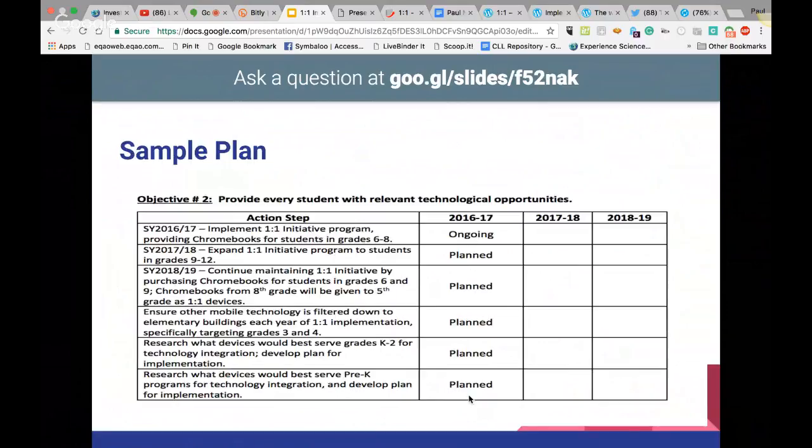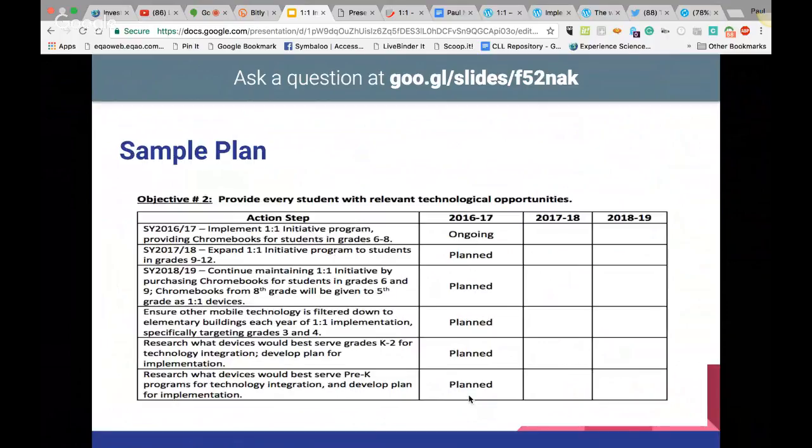And you can see, if you take a look at the plan here, that as time went on, this mobile technology, actually they were using Chromebooks. They started with like grade 9 and then moved to intermediate and then to junior. And actually the plan is to go right to kindergarten, which is what was the plan for us as well.